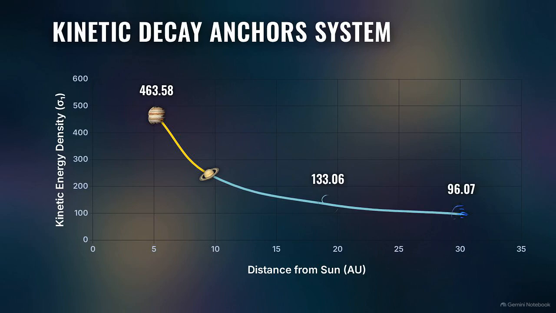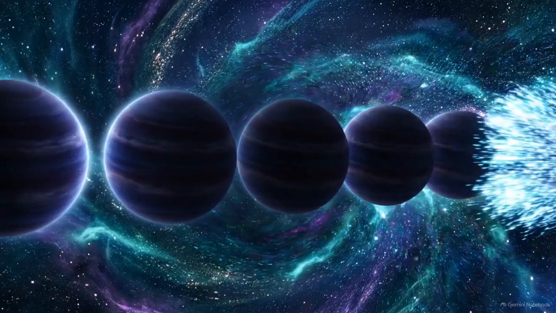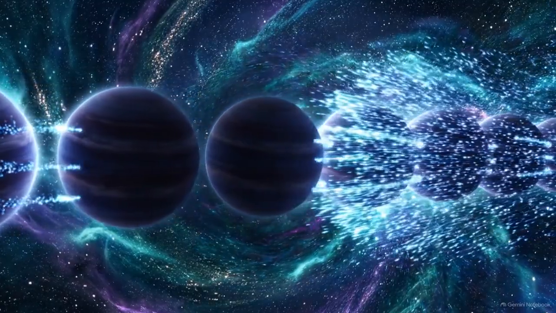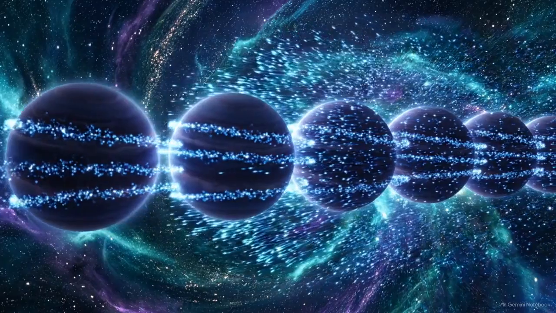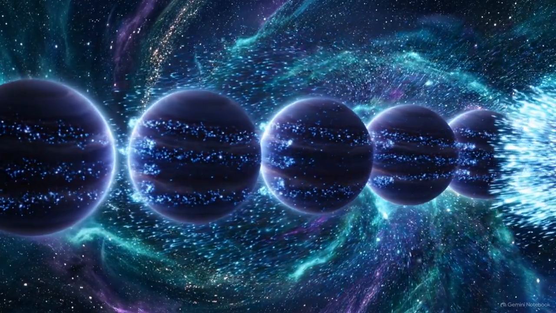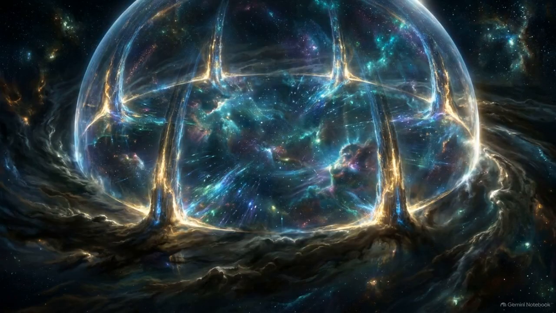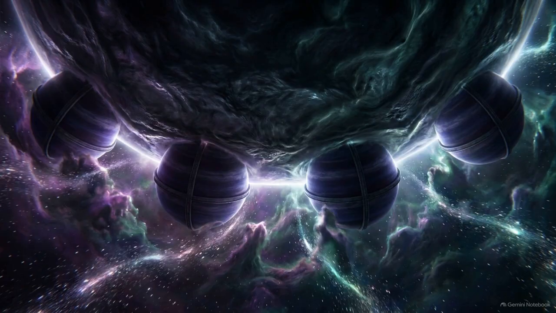This precipitous drop in kinetic agitation reveals that the gas giants are not free-floating bodies, they are mechanical anchors. Placed at mathematically predictable intervals, these stable masses absorb and redistribute the massive incoming pressure of the galactic medium. They act as the structural ribs of the solar bubble. By absorbing external shear, they prevent the inner solar system from collapsing under the weight of the surrounding cosmic environment.